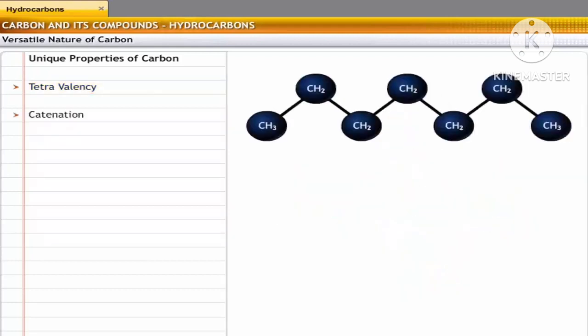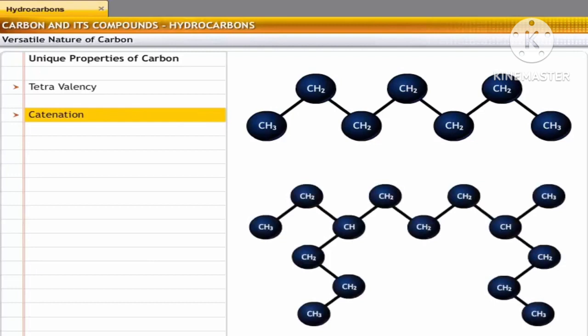The next property is catenation, which is the phenomenon of self-linkage among identical atoms to form a long chain of molecules. Carbon exhibits maximum catenation when compared to elements like sulfur and silicon due to strong carbon-carbon bonds and tetravalency.